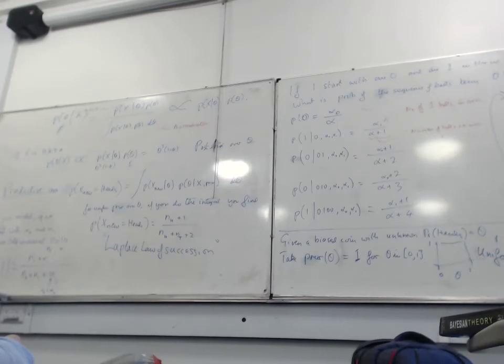A conjugate prior is a certain number of observations, actually a certain number of sufficient statistics of observations. In this case, the sufficient statistic is the number of zeros and the number of ones. And so you can express your prior as alpha 1 and alpha 0, which are numbers of zeros and numbers of ones. Let's just take a moment to see what different values of alpha 0 and alpha 1 mean.